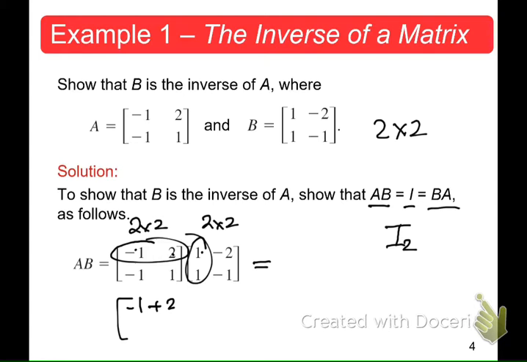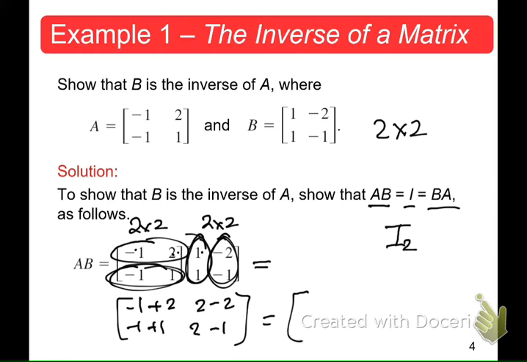I continue this: the first row times the second column will be a positive 2 minus 2. That's this term here. Then the second row times the first column, negative 1 plus 1. And then the second row in the second column would be a positive 2 minus 1. And what do I get? I get 1, 0, 0, and 1, which is I2. And so I am happy.